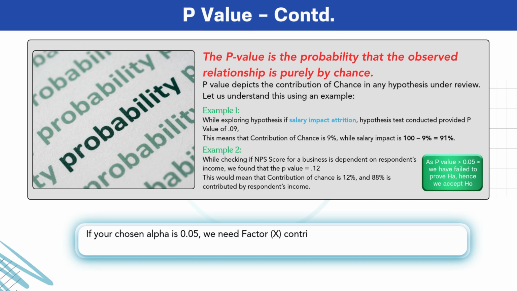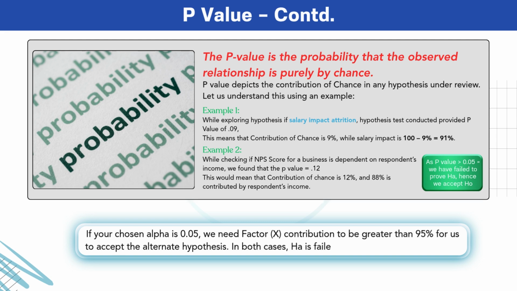As we've discussed earlier, the p-value tells us the probability that our observed relationship is due to random chance. Example 1. Salary and attrition. Suppose we're testing whether salary impacts employee attrition. The hypothesis test gives us a p-value of 0.09.